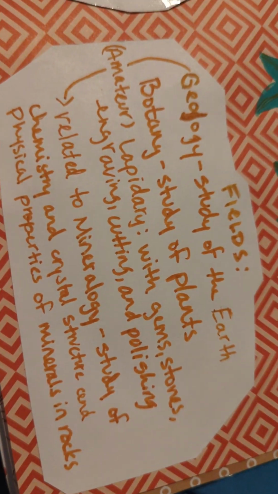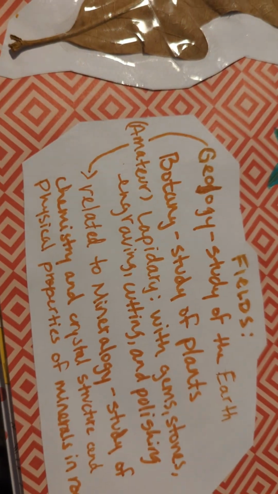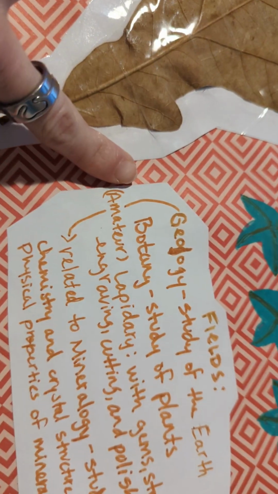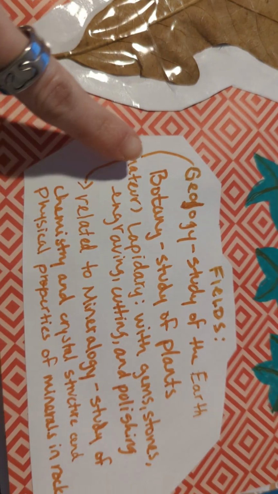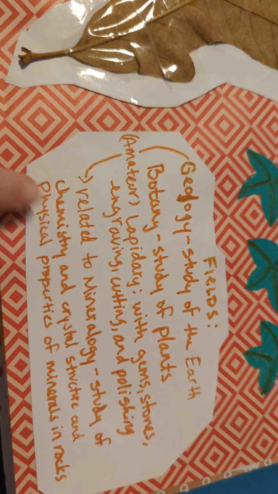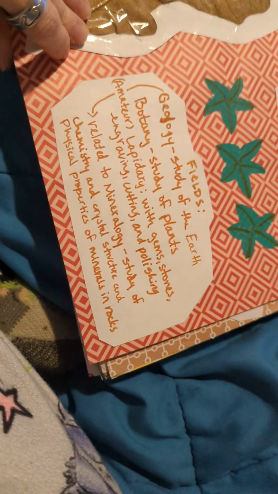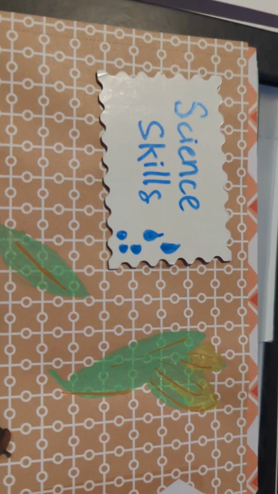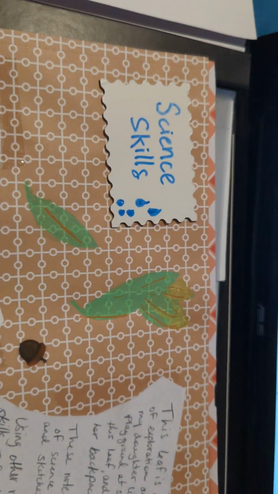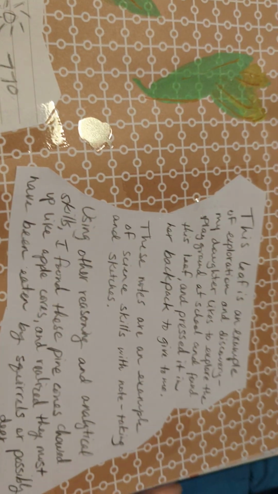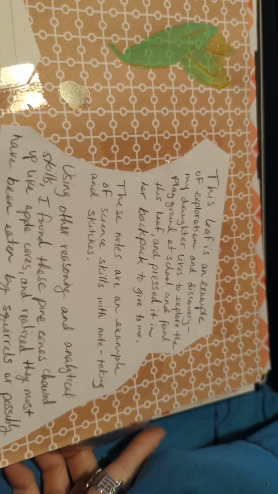And these are different fields that I just learned about while growing up at home. Geology, I mentioned my dad was a geologist, botany and lapidary, I talked about that, and mineralogy. And then science skills, and, excuse me. It's an example of exploration and discovery.